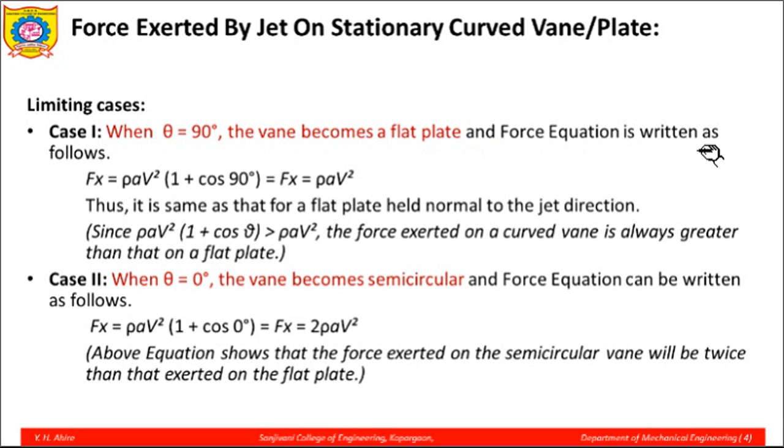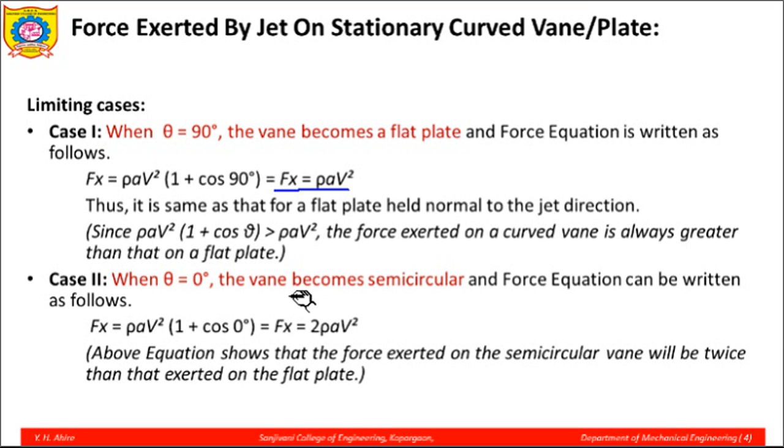And the force equation becomes Fx equal to rho A V square into bracket (1 plus cos 90), so Fx is rho A V square. Thus it is the same as that for a flat plate held normal to the jet. The formula is the same as for a perpendicular, stationary flat plate.